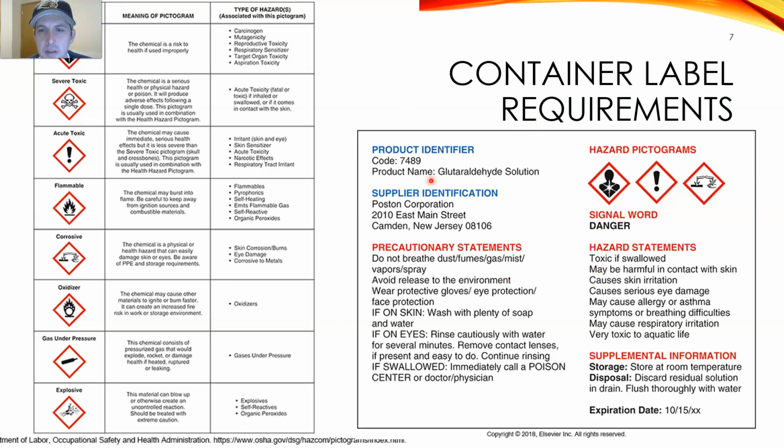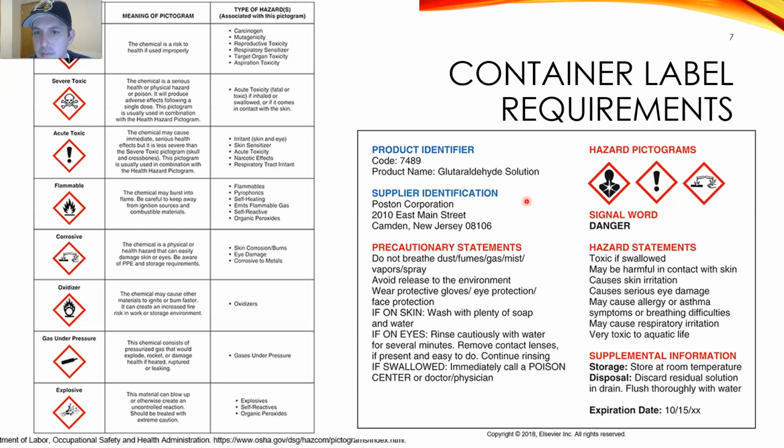And so you can see here's an example of a couple of labels and then the pictures that go along with it. So every label must include the name of the chemical. All right, so here, the manufacturer's information as far as their complete name, address, and emergency phone number, and any physical hazards associated with the chemical.